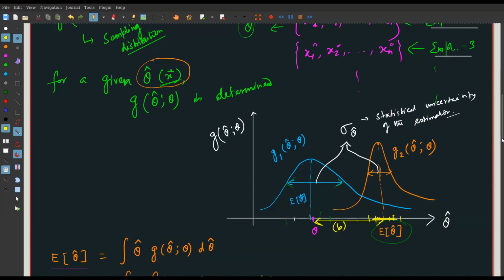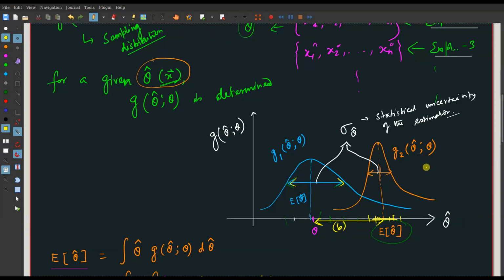So remember, the statistical errors are mostly related to the statistical fluctuations of the estimator themselves, and that is dictated by the width of the sampling distribution. Whereas the systematic error, as the name suggests, is present in a systematic manner.